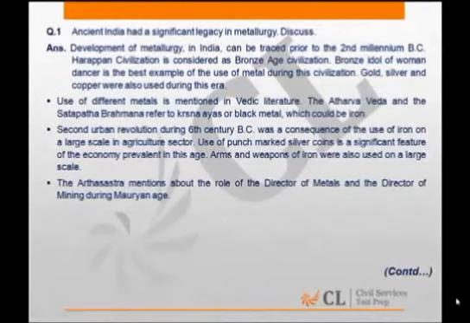Friends, now come to the first question. The first question is from ancient India, and the question is: ancient India had a significant legacy in metallurgy. First of all, we can divide the questions in two parts: the questions which are primarily based on information, and the second which are based on analysis.